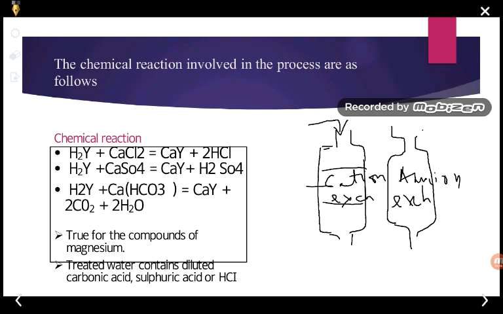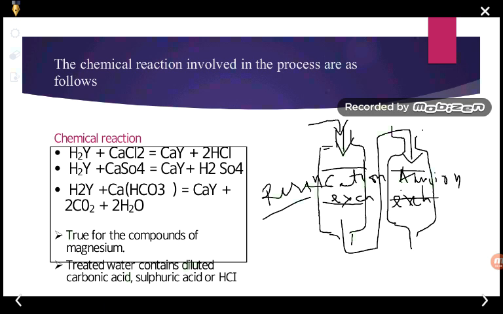So here you can find the bed of resin, and this resin will absorb all the cations present in the raw water, and then it is again exposed to the bed of the anion resins, and here all the anions are absorbed.